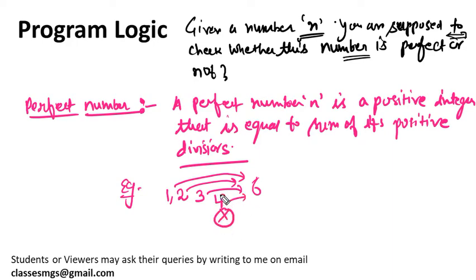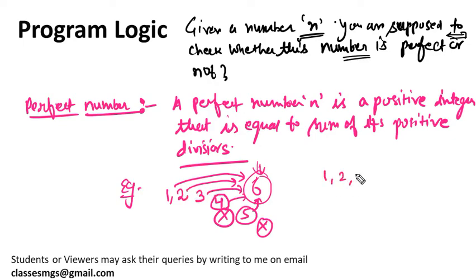No, because 4 does not completely divide 6. Is 5 a positive divisor of 6? No, because 5 is not completely dividing 6, so we are not going to take it. Up to 5 only we need to check, because the number itself we need to exclude.